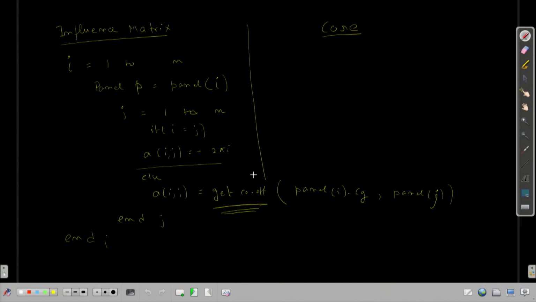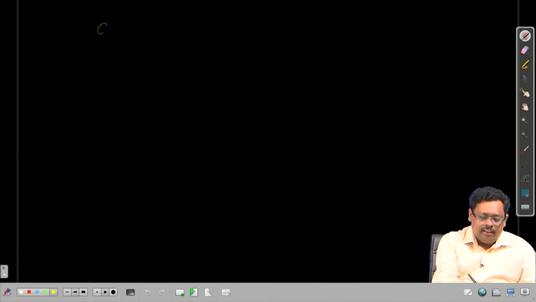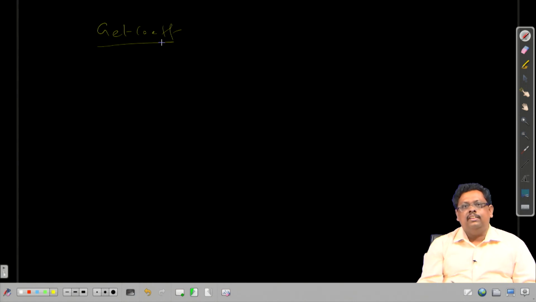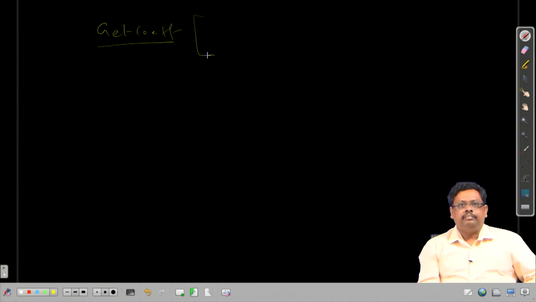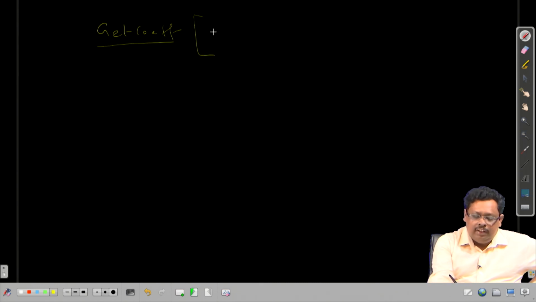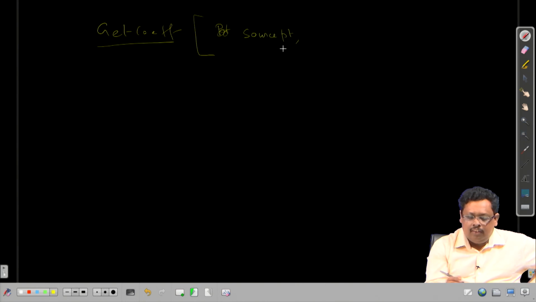Now, when you write this get coefficient function separately, you also need to break this function down, that is, get coef. So, this function also I break it here. Here I can get the two inputs: one is a point, which is my source point, and also I am sending a panel j.